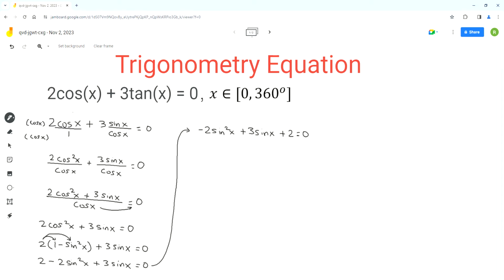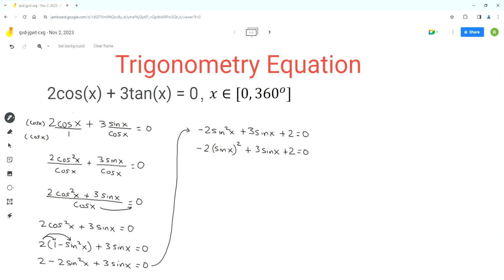Now this is a quadratic equation for sine x. So I can help you visualize it or understand it better this way. So I can change sine square x to minus 2 sine x square plus 3 sine x plus 2 equals 0.